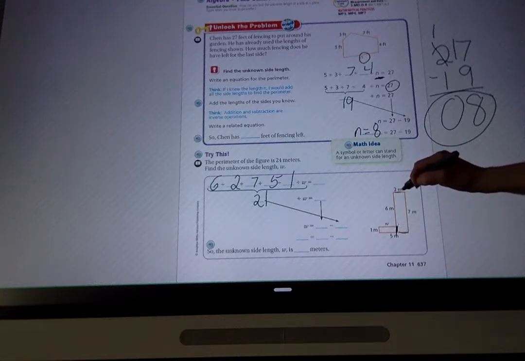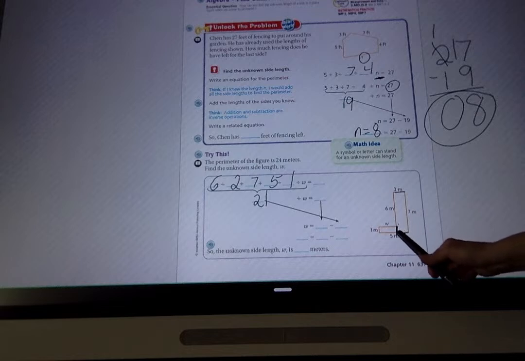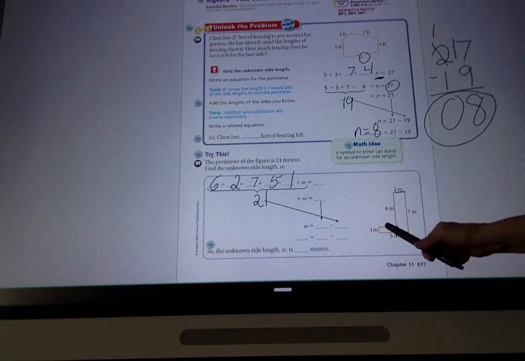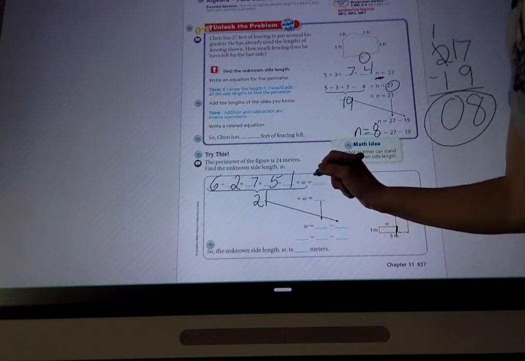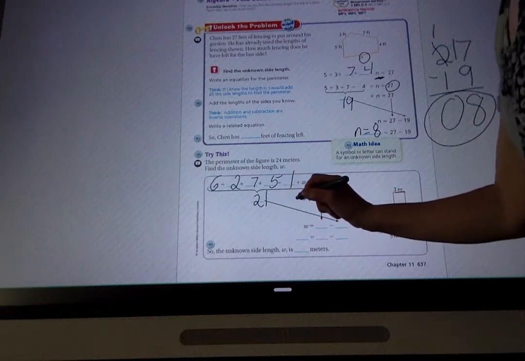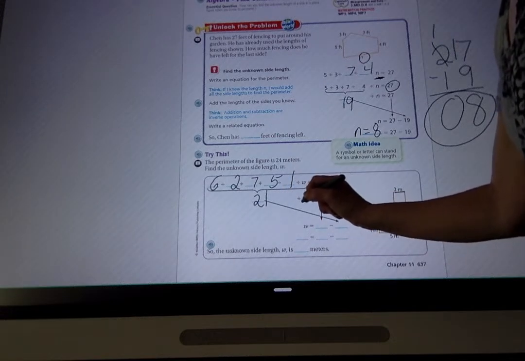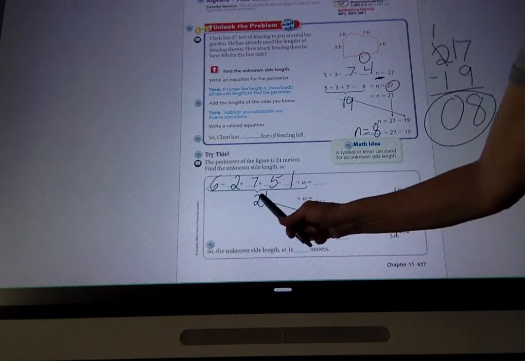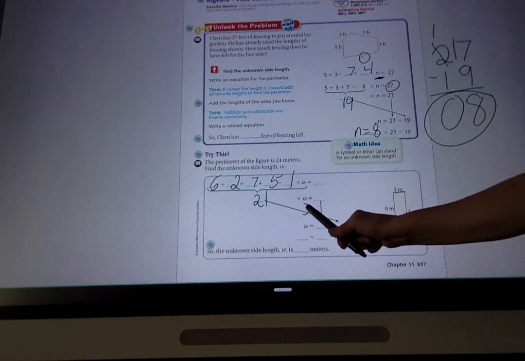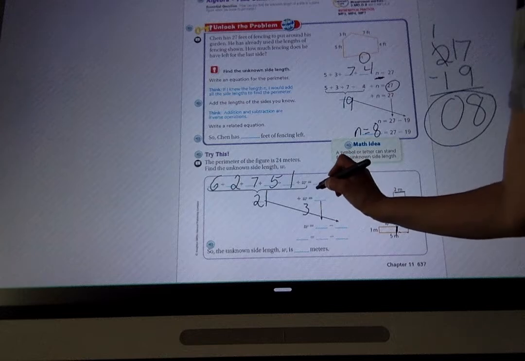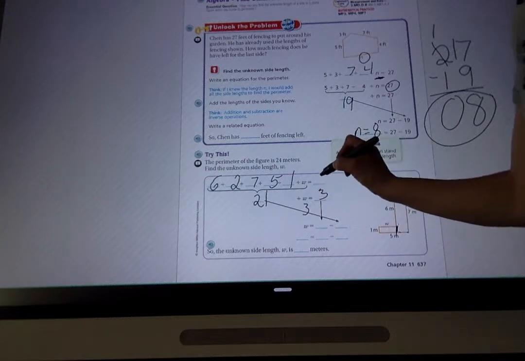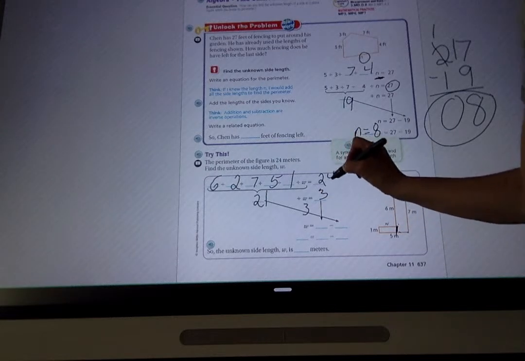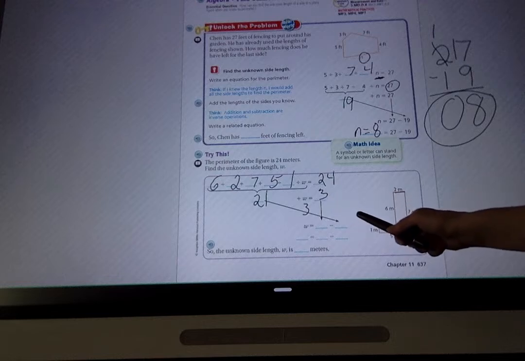Same as up here. So 5, take away these 2, this would be 3 meters. So W is going to be 3 meters. 21 plus W, 3, is 24. Okay.